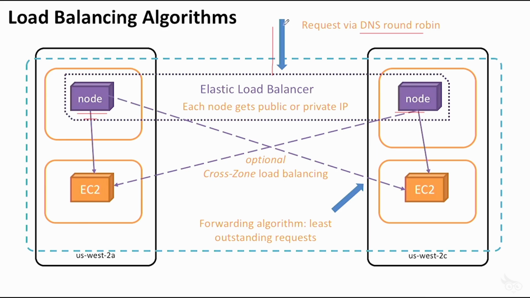So again, as traffic is coming in, it is being distributed among these nodes via DNS round robin. Between the node and the backend instances, we're going to use the least outstanding requests as a way to determine which backend node should handle that particular request.